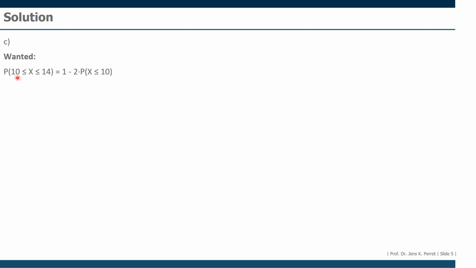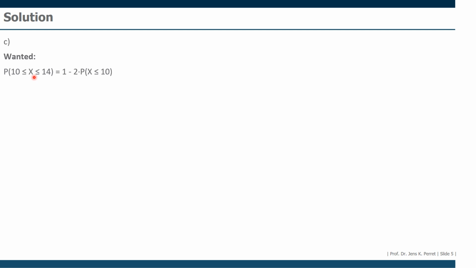That's one possibility. But in this case we can also use something else, because if we look critically, we see the mean is 12. So the 10 is the same distance from the mean as the 14. They are both 2 units apart.